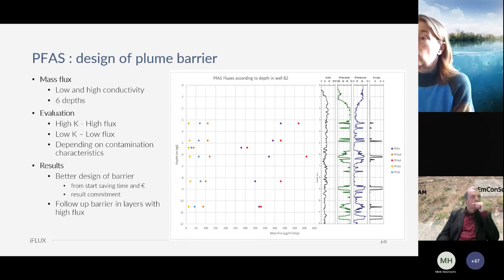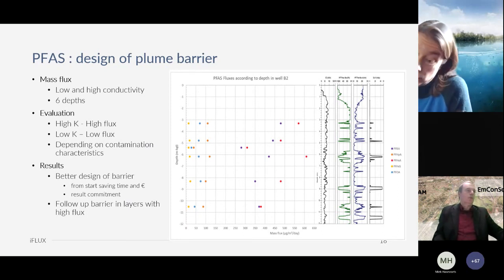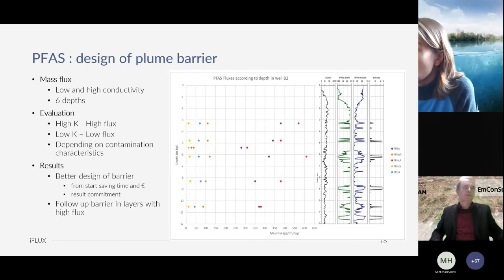Actually, the measured fluxes were higher than the fluxes estimated based on the available concentration and hydrogeological data.